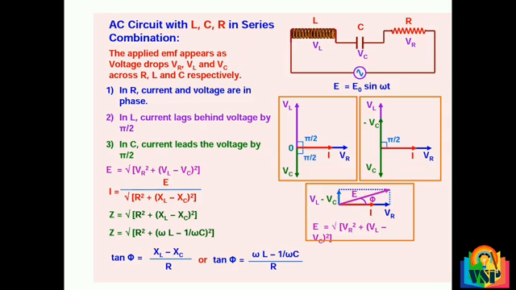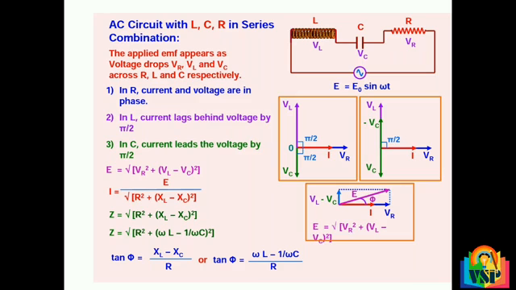Coming to the phasor diagram, listen here, very important. Here the phasor diagram has VR, VL, VC, and the current I also is there, in red color.